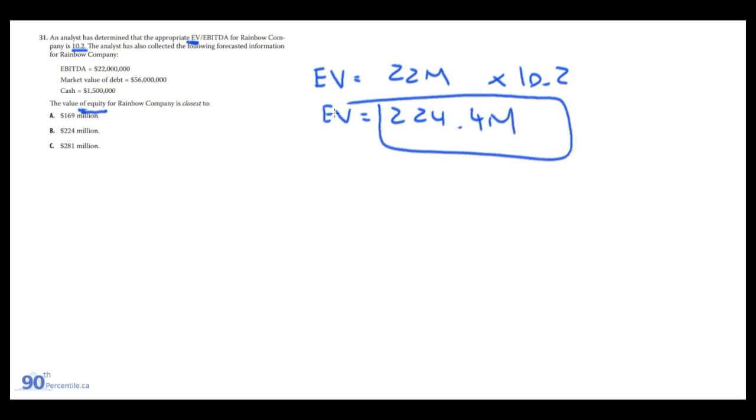This is the value of the entire firm, accounting for its debt and its cash on hand and its preferred shares and all that. If we want to make our way down to equity, we're going to need to adjust for debt and cash. Enterprise value is typically looked at when dealing with acquisitions.